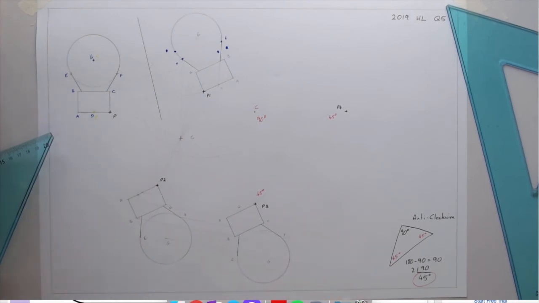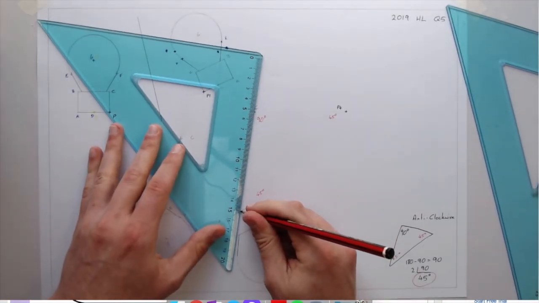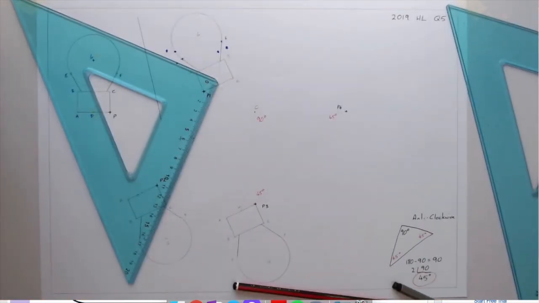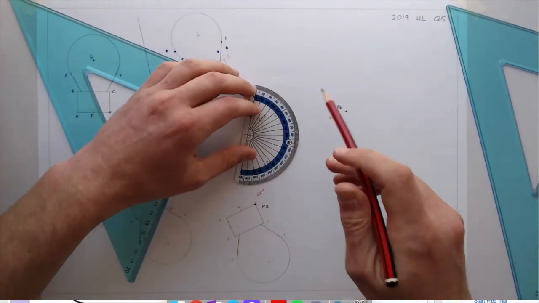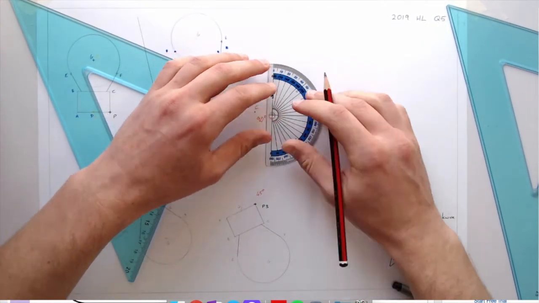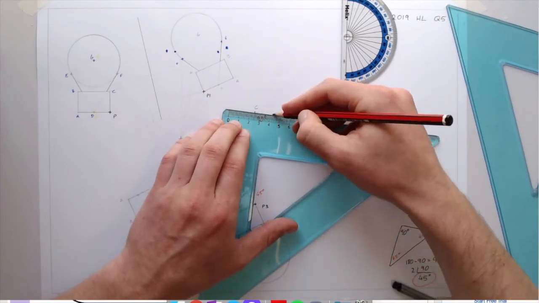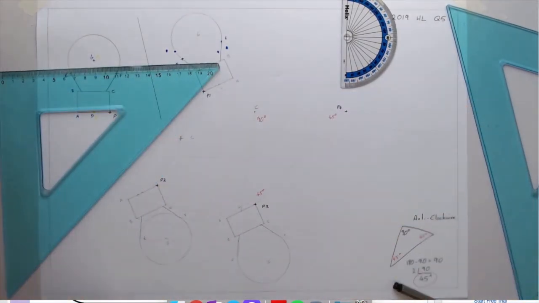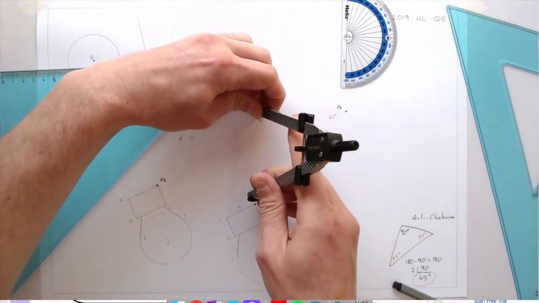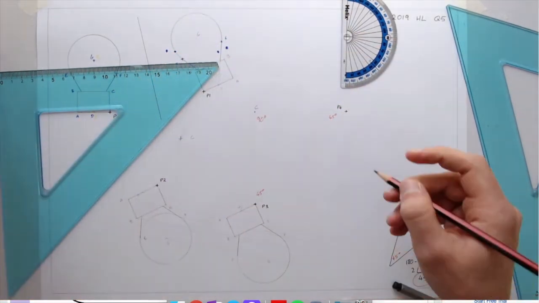Okay, so what I've said to you about this a lot is that you are much better doing this one at a time. So I'll bring D, then go at 90 degrees. Now this really is the one where you want to really take your time, because it's very easy to make your mistake here, particularly with your protractor.